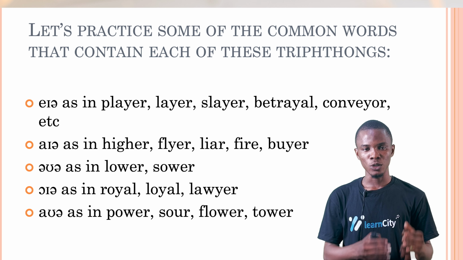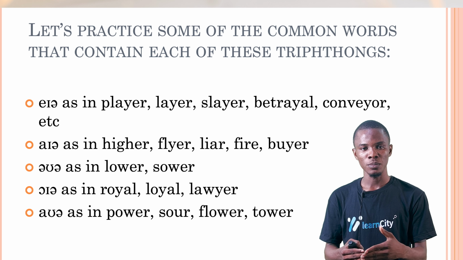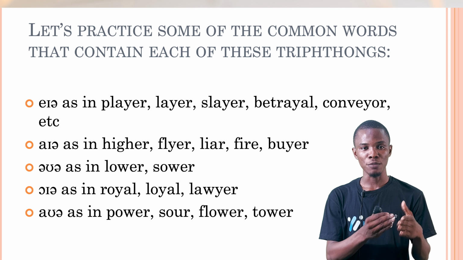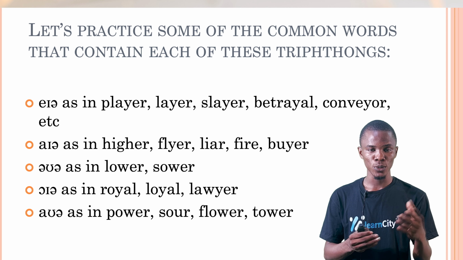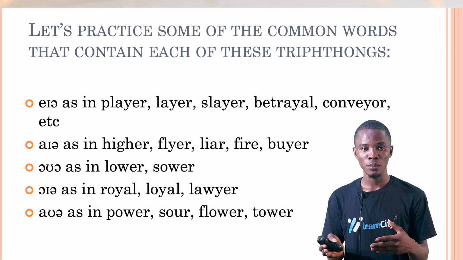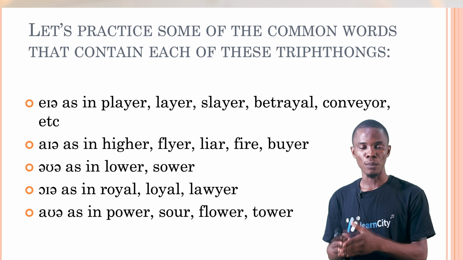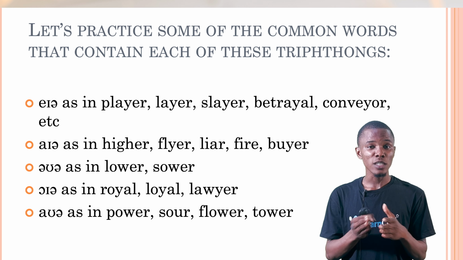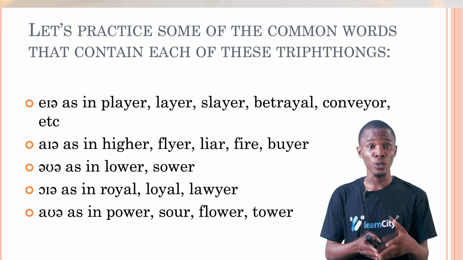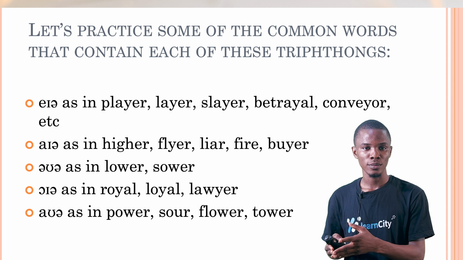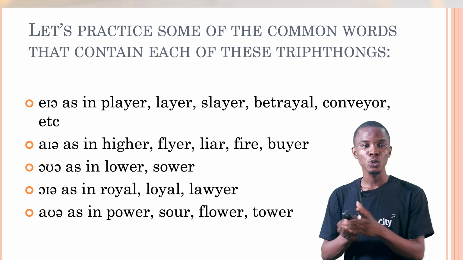Okay, so we're going to consider the third one, which is "oh-er". We have "oh" like go, you have so, as in S-O-W, so. And S-E-W is not "soo", it's also so.